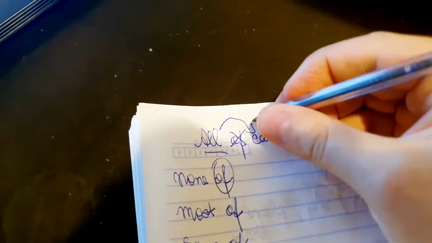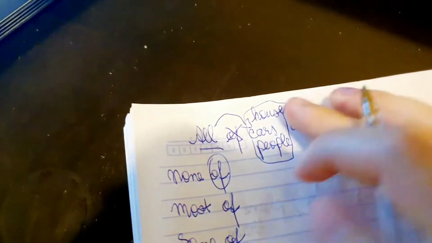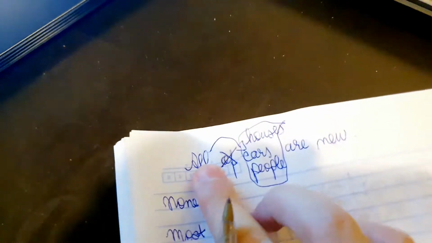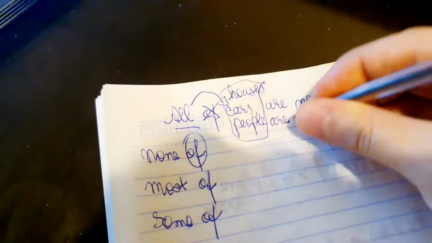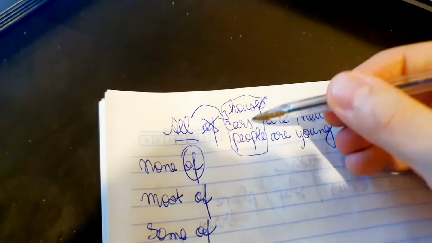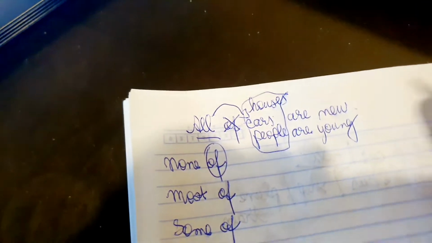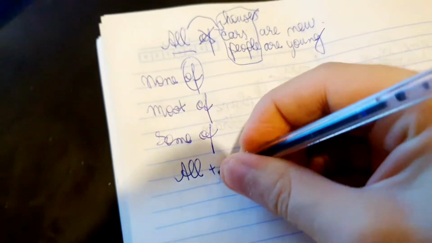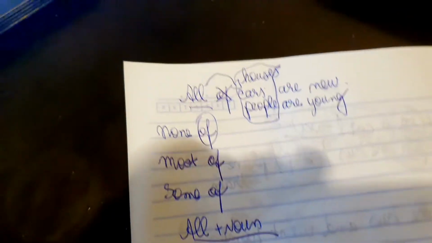All cars, all houses, all people, right? You can use a variety of expressions of nouns together with all. Of course, you can't say all people are new. No, all people are young, right? I'm just showing here that you can replace with other nouns as well. So all plus noun is what we have seen last video.